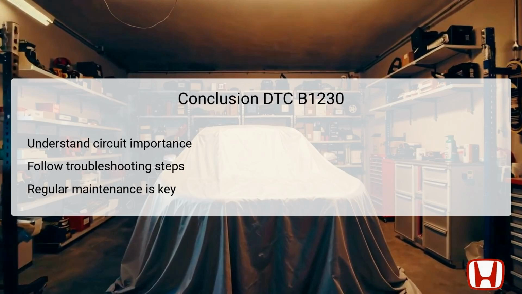It's also important to remember that performing regular maintenance on wiring, connectors, and the sunlight sensor itself can prevent future issues. Proactive care not only enhances vehicle performance, but also contributes to a more satisfactory driving experience. By staying vigilant and addressing issues promptly, you can ensure long-term reliability and comfort in your Honda Civic.